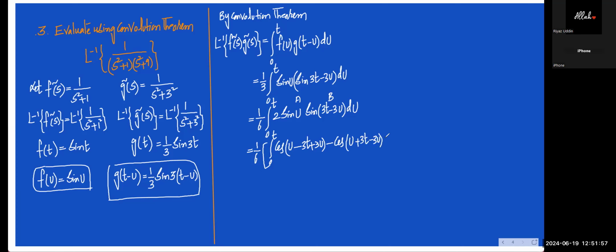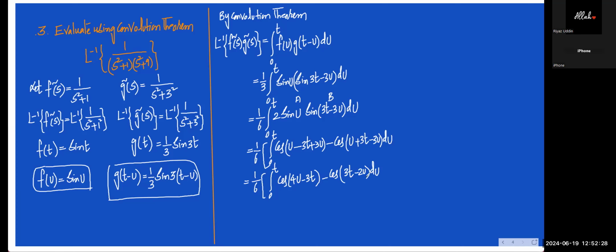This is 1/6, 0 to t, cos of 4u minus 3t, minus cos of 3t minus 2u.